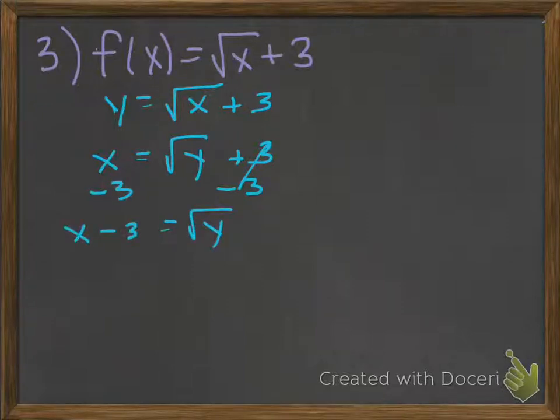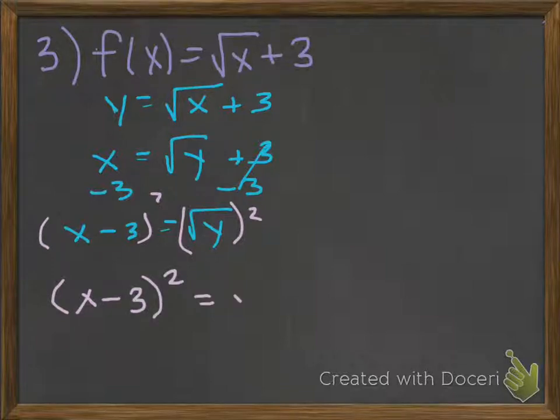And to get rid of that square root, we need to raise both sides to the second power. So we can leave our answer as the quantity of x minus 3 squared equals y. You could write x minus 3 twice and FOIL it out. You may do that, but you could also leave it in this form.